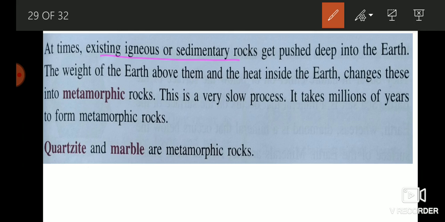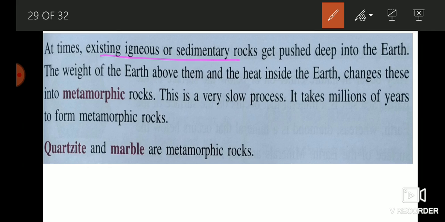By this kind of activity like an earthquake, igneous and sedimentary rocks can reach below the earth surface by some natural calamities.